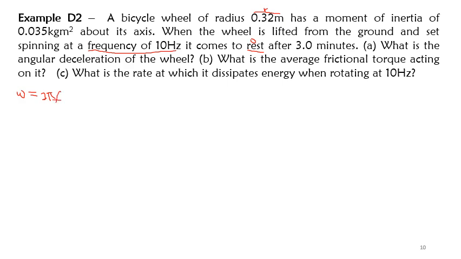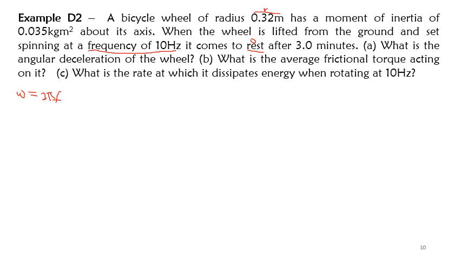The time from when you set it in motion to when it comes to rest is 3 minutes. So what is the angular deceleration of the wheel? I told you earlier, when there is a reduction in velocity, then there is deceleration.